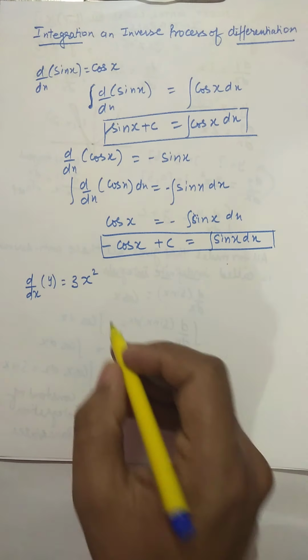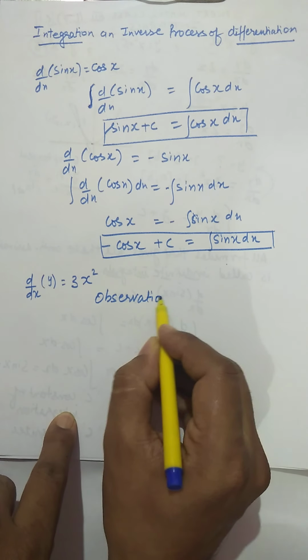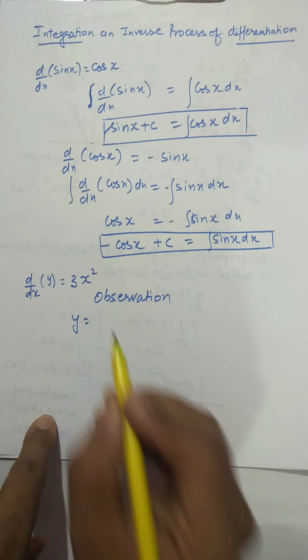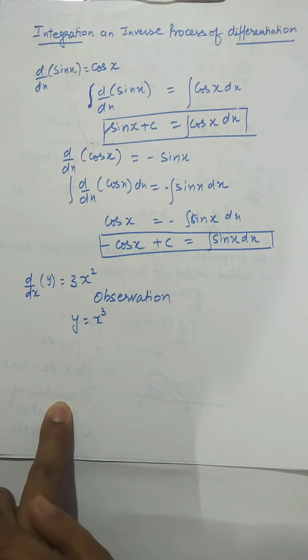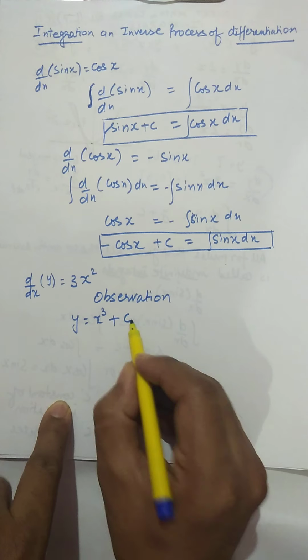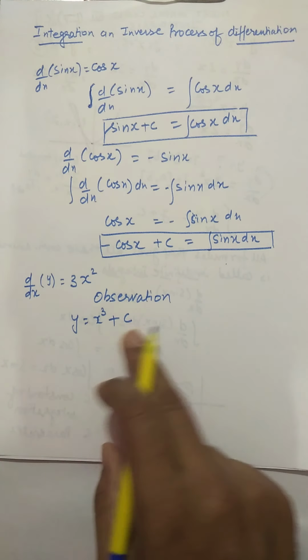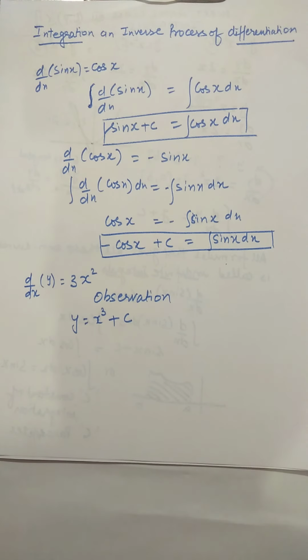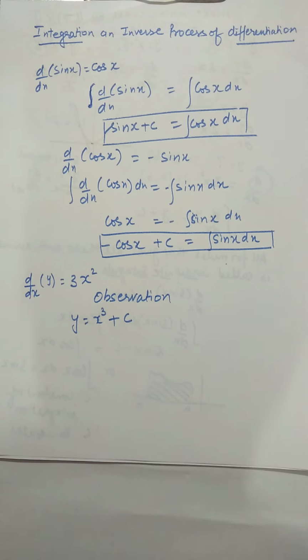You can apply some observation, that y can be x cube plus some constant, which you may take as c. So you can obtain y equal to x cube plus c this way also. So by observation you can think of how you can get the original function.